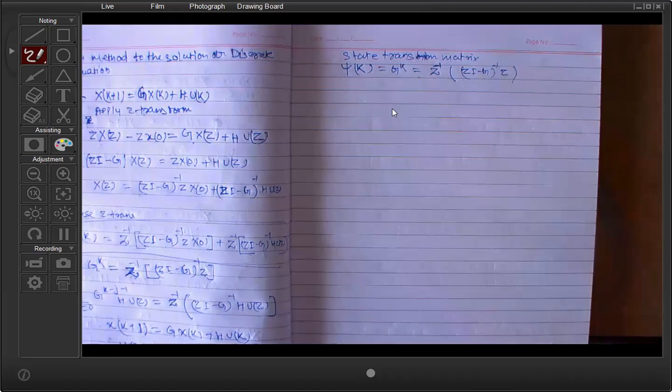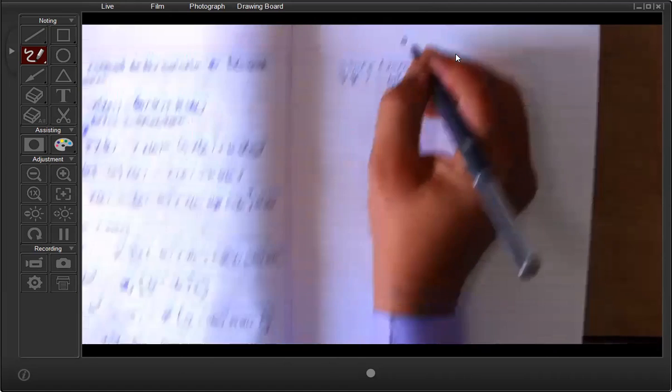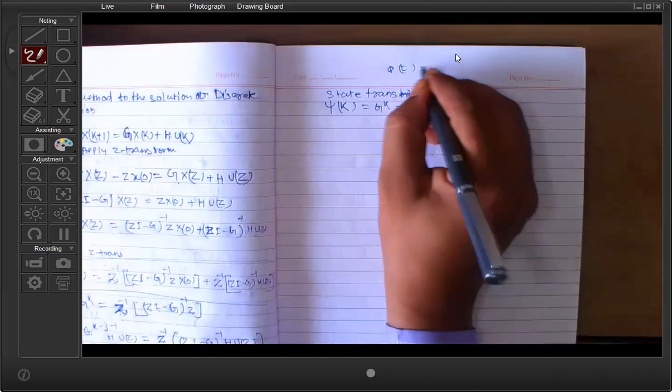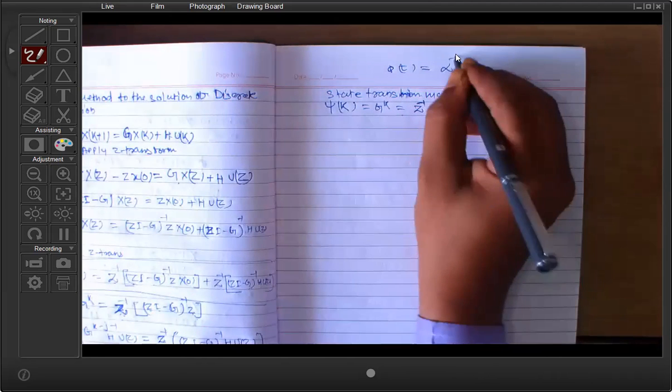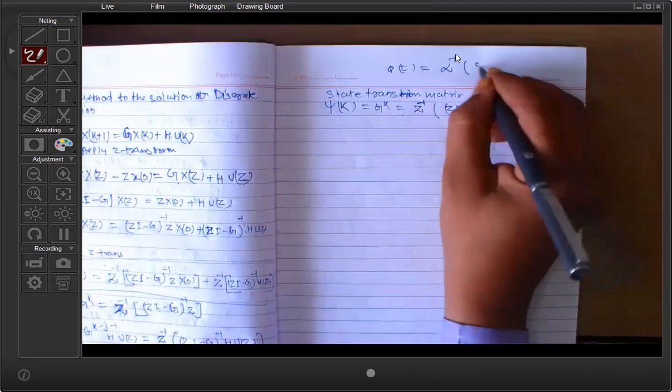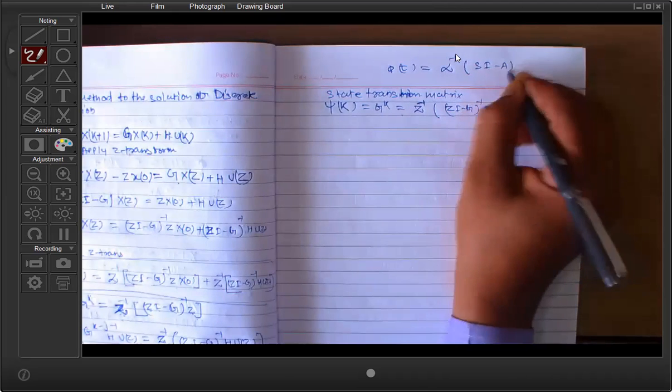Yes or no? And please tell me what is the formula of the state transition matrix in continuous time domain? In continuous time domain, the formula of the state transition matrix is equal to inverse Laplace of (SI minus A) inverse.